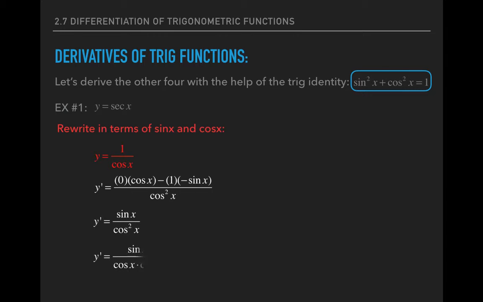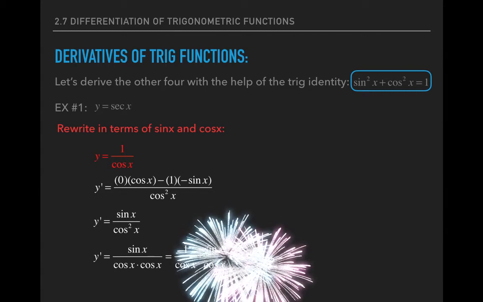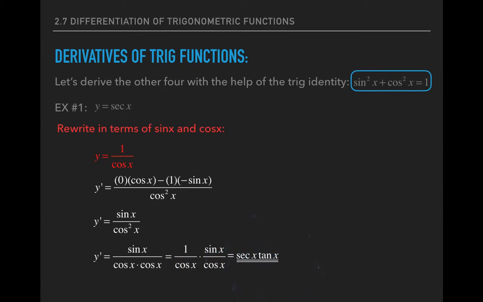And again, we're going to expand this out, and we'll see that 1 over cosine is secant and sine over cosine is tangent. So the derivative of secant is secant x tangent x. Those are now all of your trig functions' derivatives.